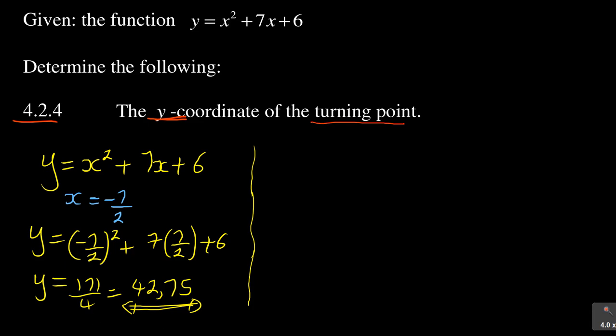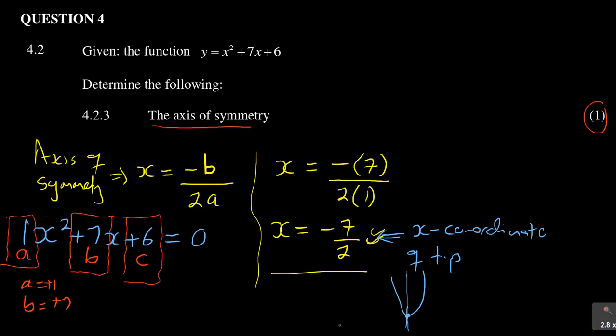Now if you combine these two, which is not necessary of course, remember we said x is minus 7 over 2. In decimal places, it is minus 3,5.